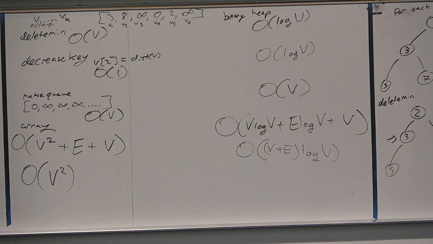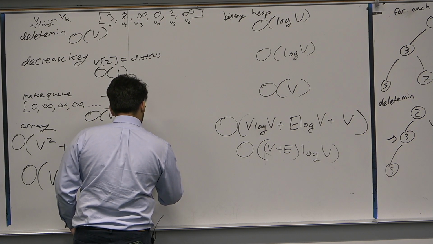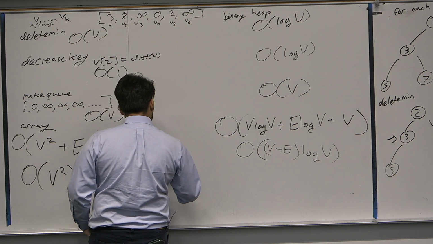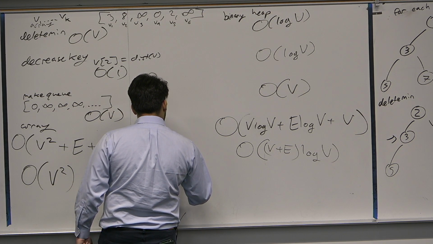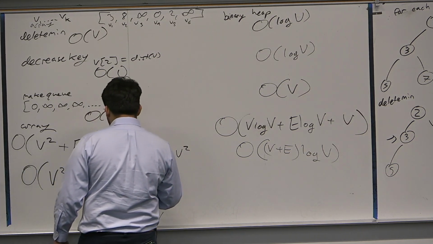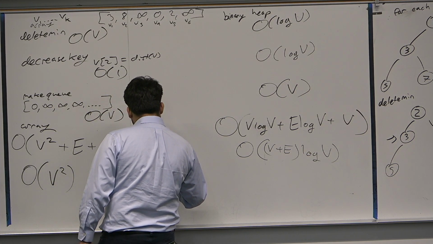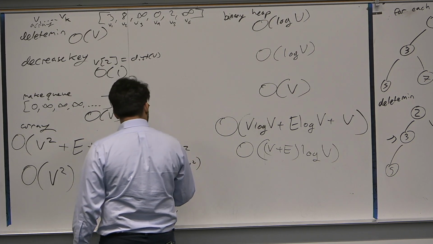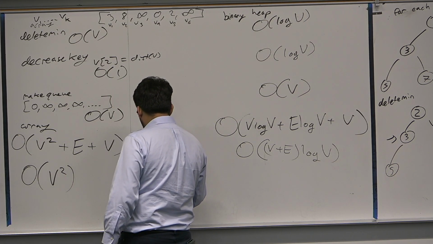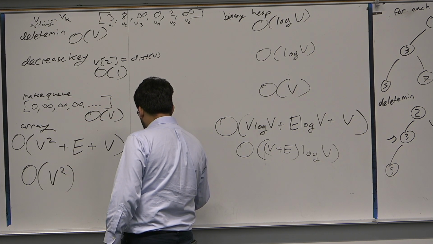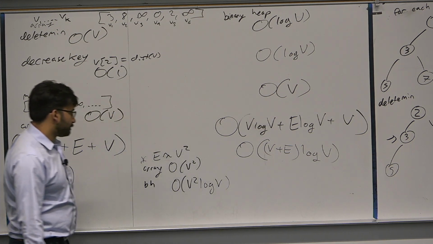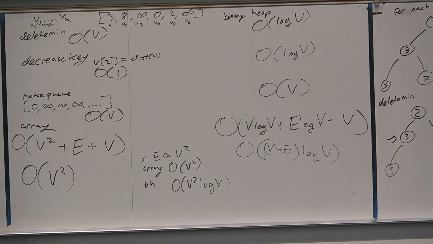If E is approximately V squared, if the graph is dense, then the array takes O of V squared time, but then the binary heap implementation of the priority queue will take O of V squared log V, right? That's worse. So the binary heap actually doesn't work on the dense graph as fast as the array does.